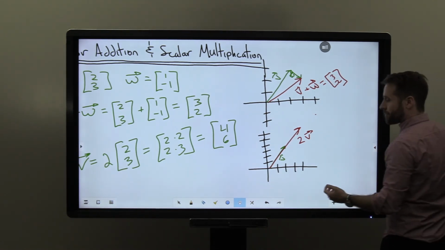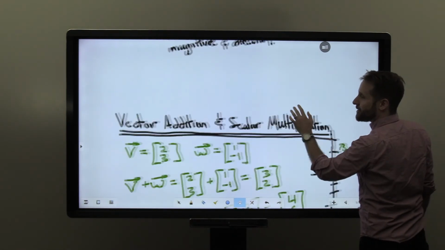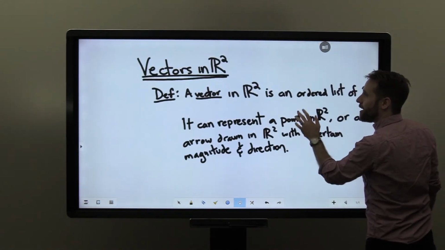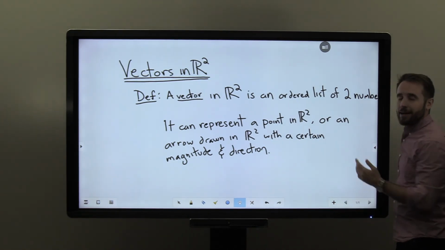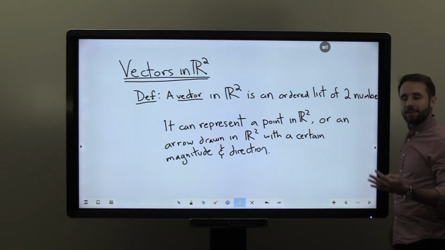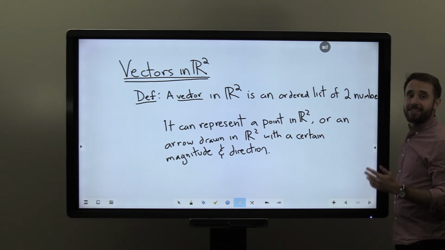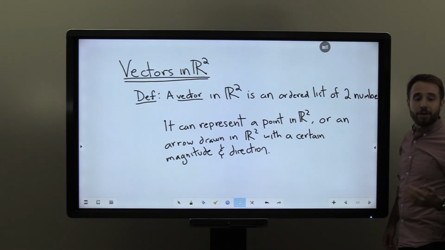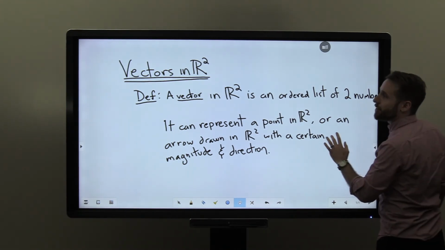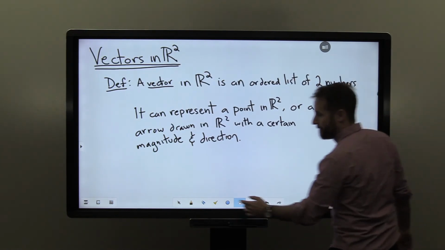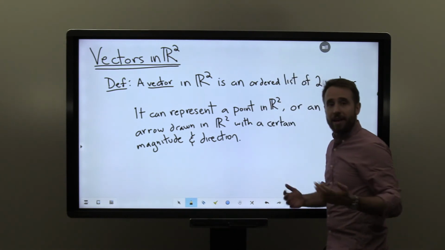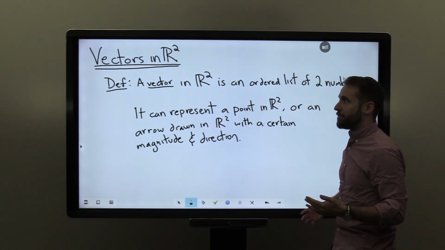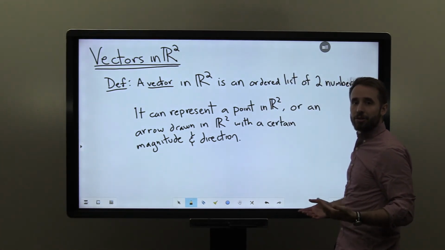The very final thing that I'll say is that vectors are very general objects, in the sense that what we've talked about so far can scale to other kinds of vectors, not just vectors in R2. As momentary foreshadowing, we will be looking at vectors in higher dimensional spaces.